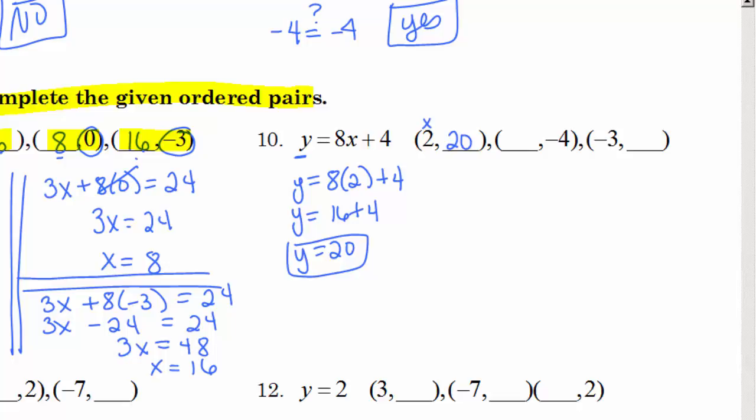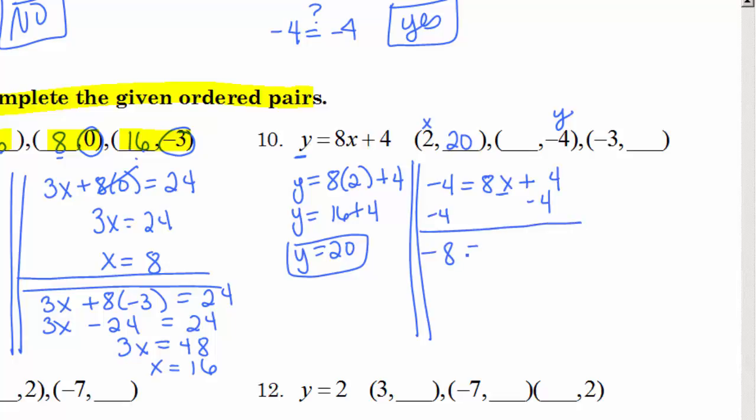Well, that was easy, but now I need to put in negative 4 for y, so I may have to do some more work. So I have negative 4 equals 8x plus 4. I want to get the x by itself, so I'm going to subtract 4 from both sides. I'm going to divide by positive 8 because I want to get the x by itself, and I get negative 1. So not quite as easy as that first one.